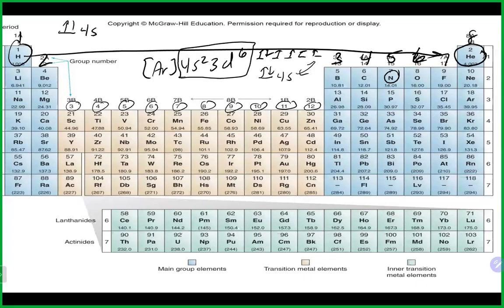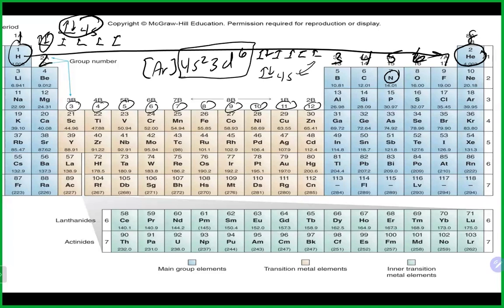They will actually always, when they make or lose electrons, take out the S electrons first when they lose electrons. So those always end up being the highest energy level, and they'll take them first. But then if they need to, they have all these D electrons available to them to also lose.